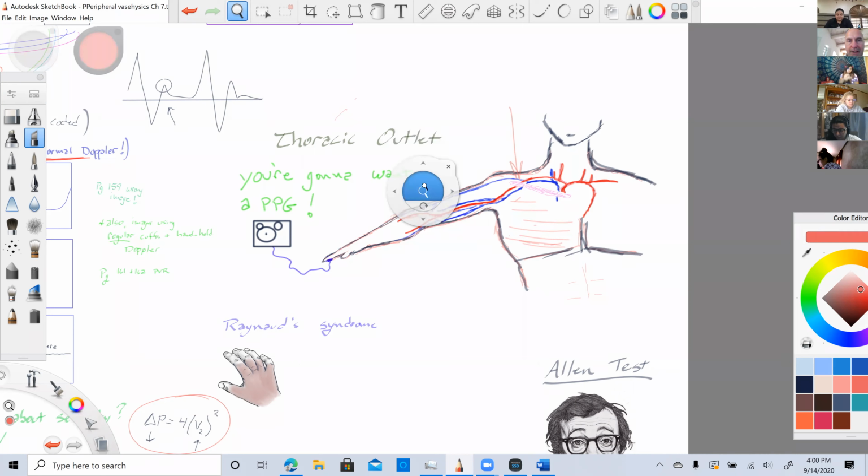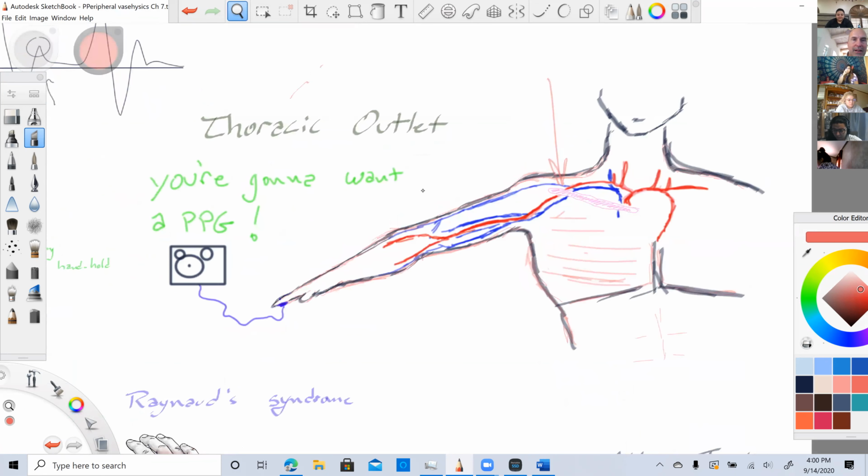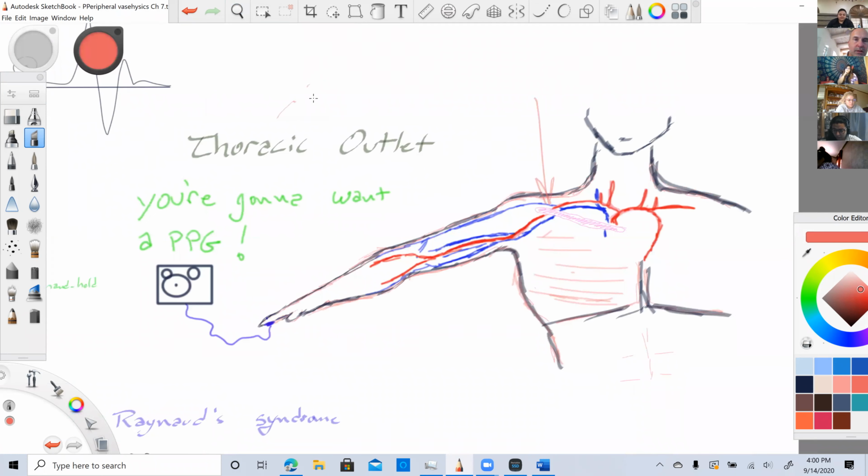Most people with thoracic outlet actually have nerve pinch. But others have thrombosis in the vein because of thoracic outlet syndrome.